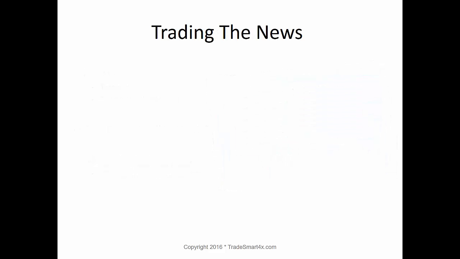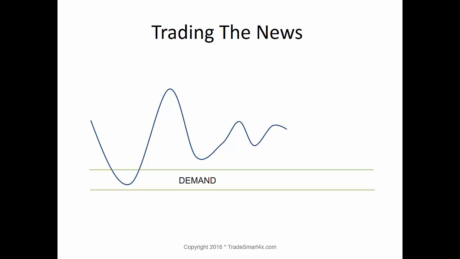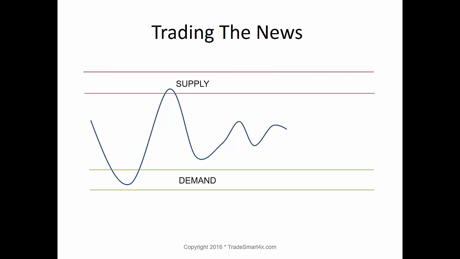So how can you trade the news? Say, for example, the market looks like this before the news. If you can identify areas of demand and areas of supply in the market, like over here, and the market's like this before or during the news, so what do most people do?